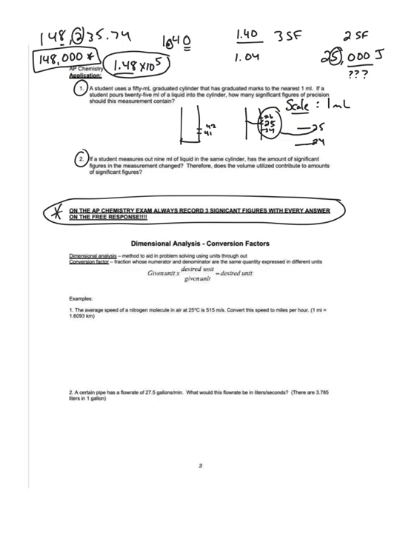This liquid level is between 24 and 25. So because of that, if the scale of the instrument is to a certain value, we can estimate 1 beyond. If this graduated cylinder is measuring to the nearest milliliter, my answer should contain an estimated digit.